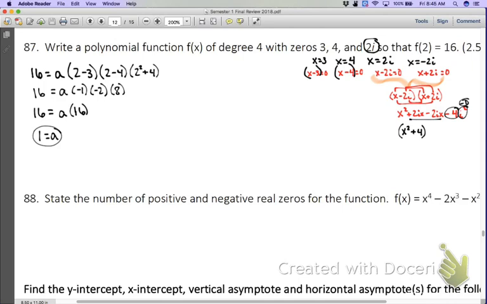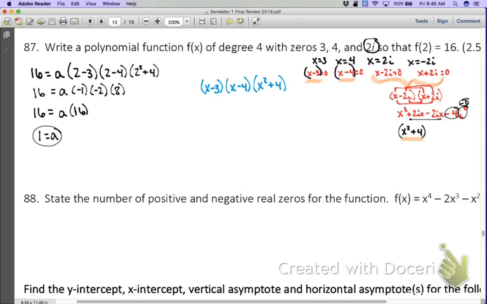So from here, all I would do is take my x minus 3 and my x minus 4 and my x squared plus 4, and I'm going to multiply everything together. It doesn't matter to me what order you do.